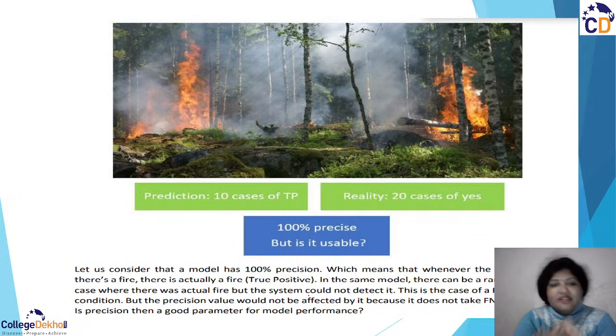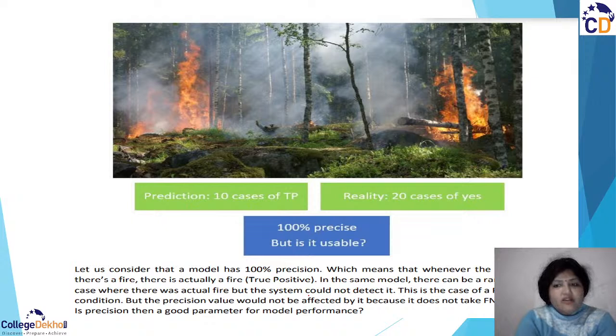So then let us see one explanation of this. Suppose we have a prediction of 10 cases of true positive and 20 cases of yes. 100% precise. Is it usable? Let us consider a model has 100% precision, which means that whenever the machine says there is fire, there is actually a fire, true positive.